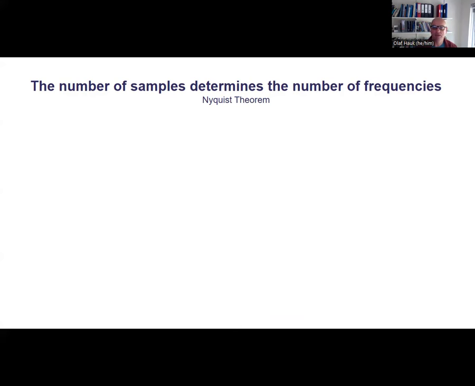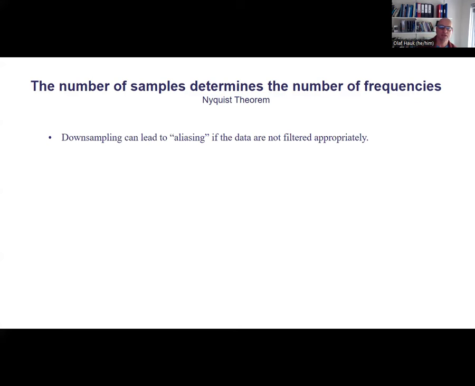Our MEG data are usually sampled at 1000 hertz, some EEG data maybe at 100 or 250 hertz. The number of samples determines how much information there is in our data to estimate basis functions of any kind. You need a certain number of samples in order to estimate a certain number of parameters, and that's basically what we are doing here with our basis functions.